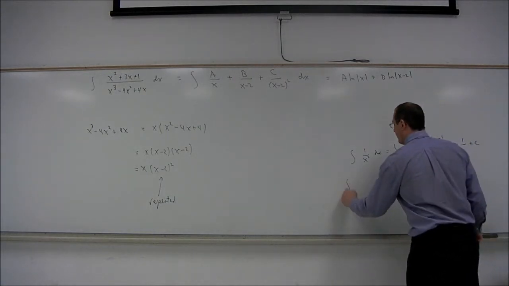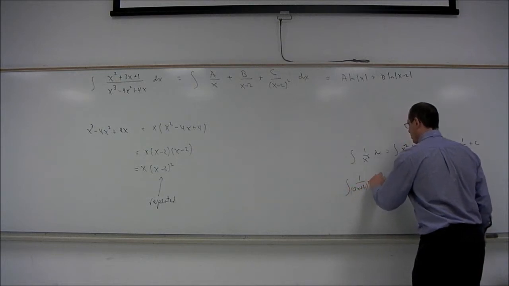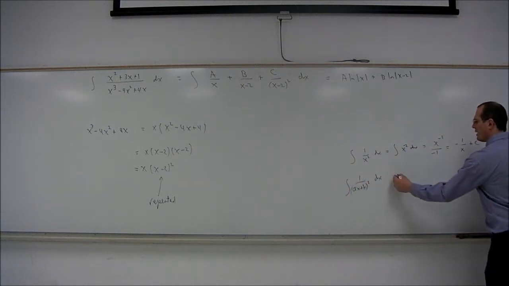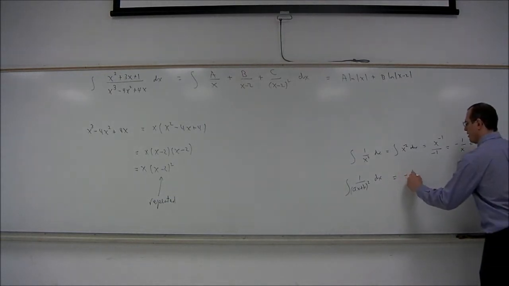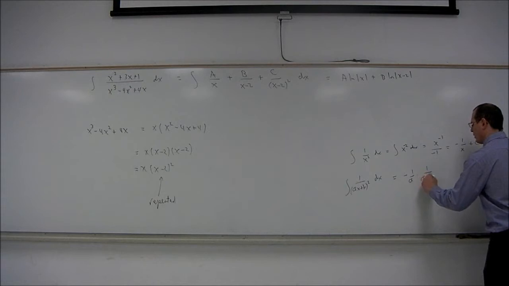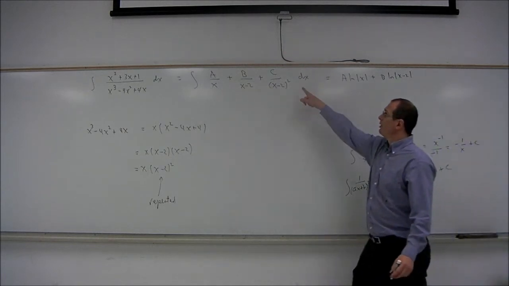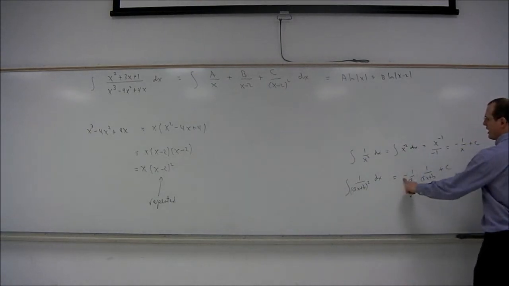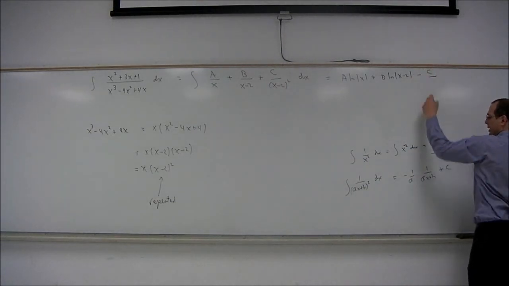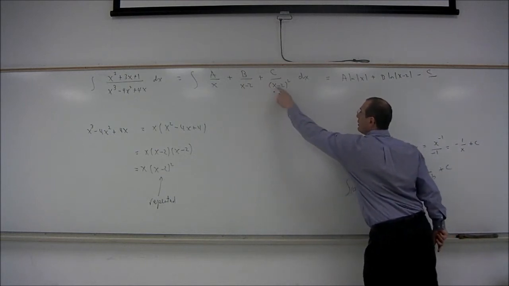So for a modification of that, 1 over (ax plus b) quantity squared, we can do a u substitution. We'll end up with something very similar to this: negative 1 over a times 1 over ax plus b, plus C. So for this third term, the integral will be negative C over the a value, which in this example is 1.